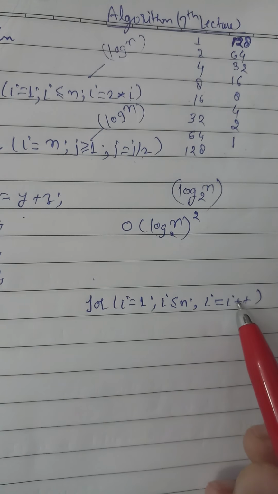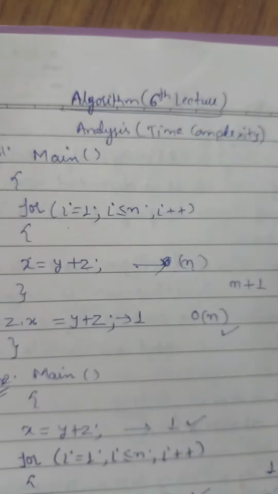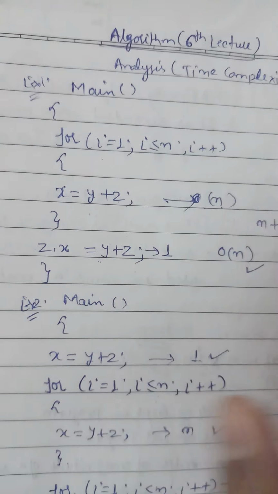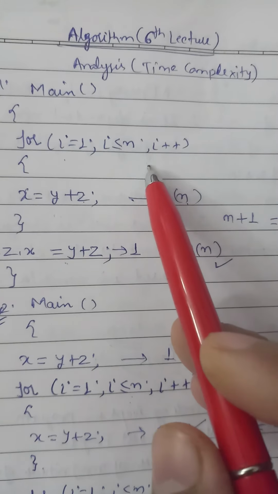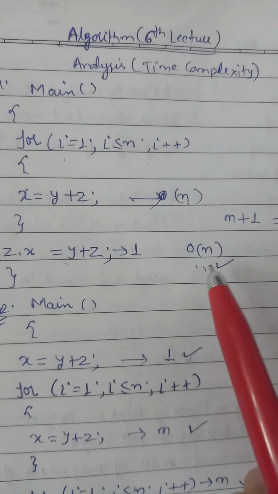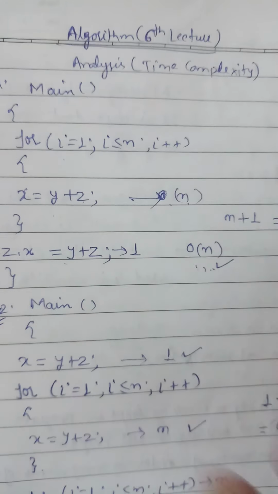As we discussed earlier in the last lecture, the time complexity will be order of n. The time complexity was order of n if i equals 1, i less than n, and i plus plus.